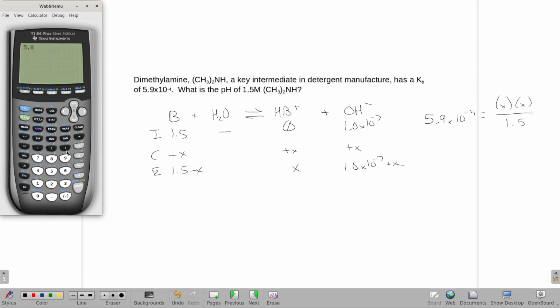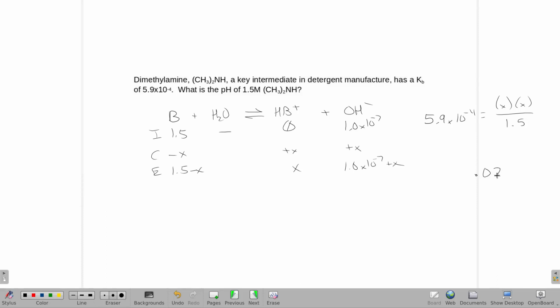5.9 times 10 to the negative 4th times 1.5, and then we get the square root of that. And I got an x of 0.0298. Alright, now it wants the pH.